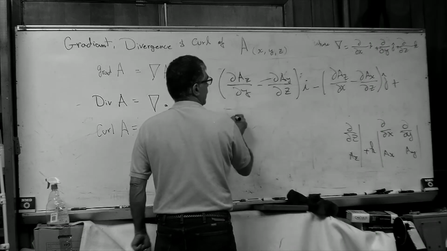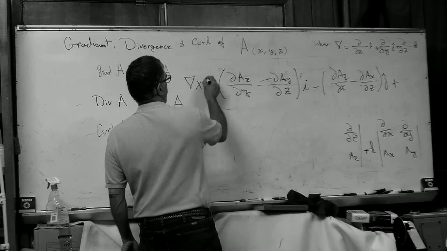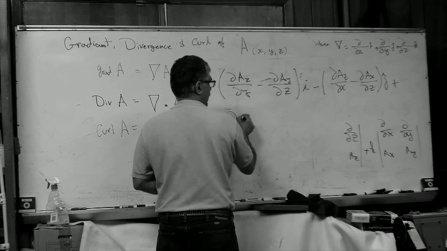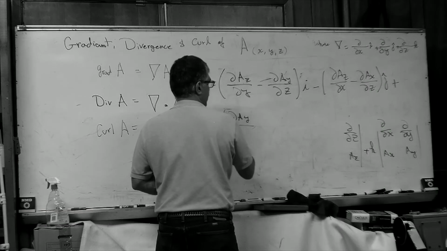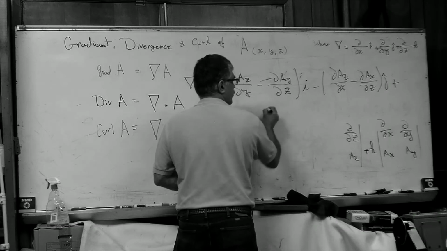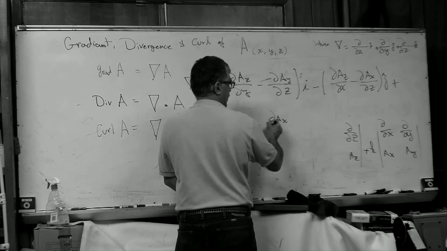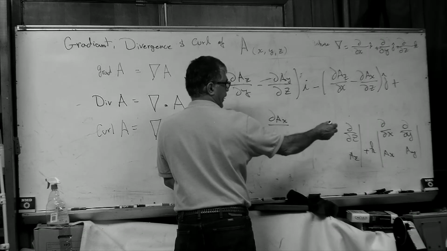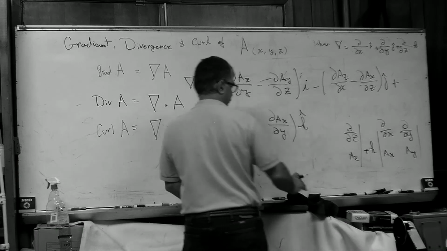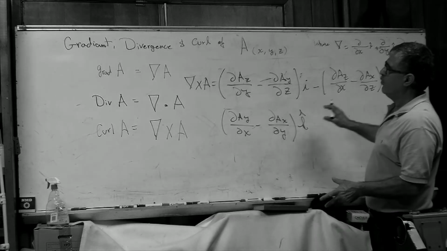So del cross A is equal to that, plus the last part, which is partial derivative of Ay with respect to x minus partial derivative of Ax with respect to y, k. So this is the value for the curl A.